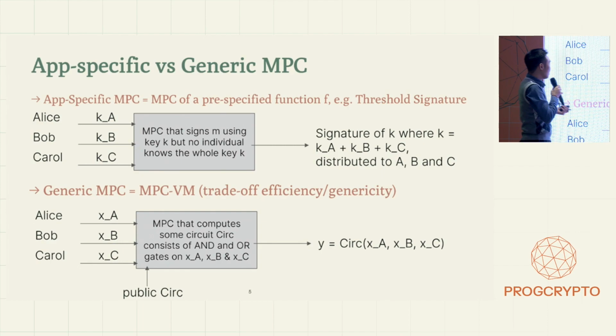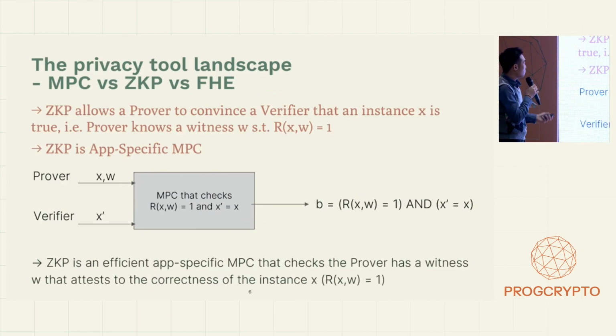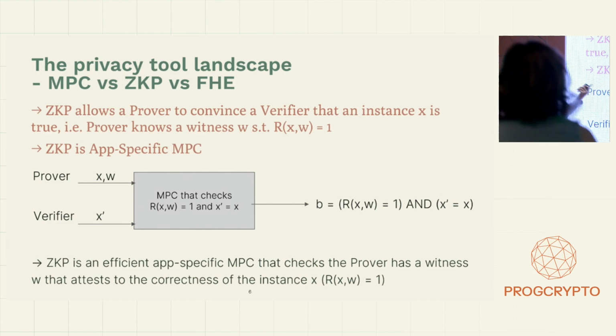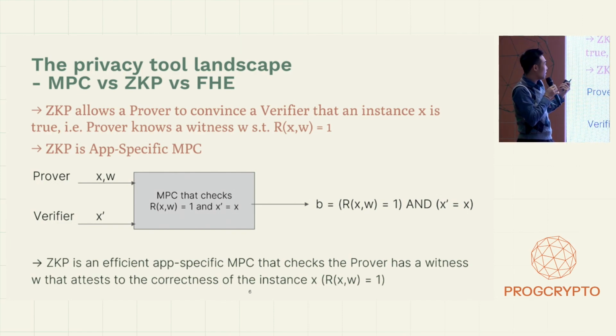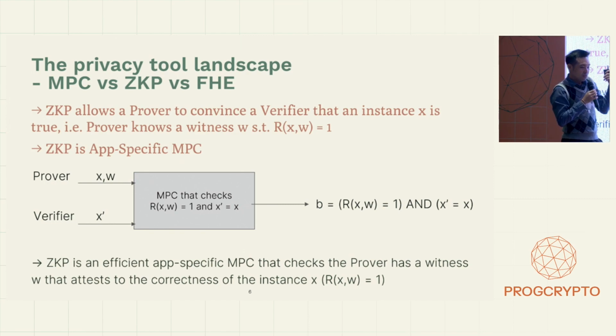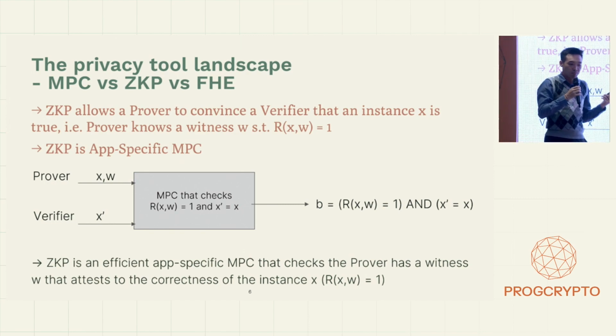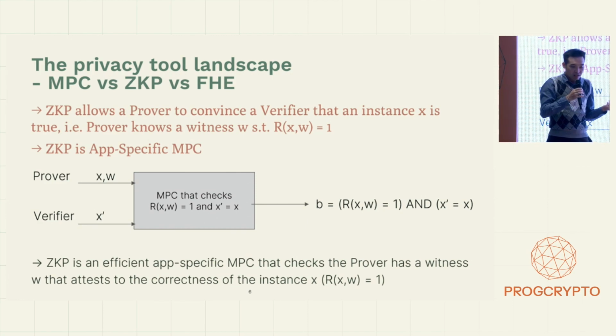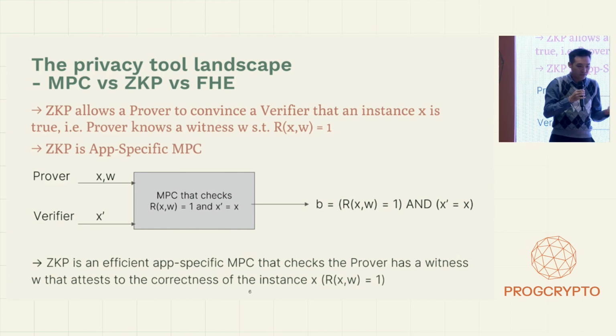And then, here I will try to position MPC within the current privacy tool landscape, with those popular primitives that we have learned these days, ZKP and FHE. So when you think of ZKP, ZKP allows the prover to convince the verifier that an instance X is true.